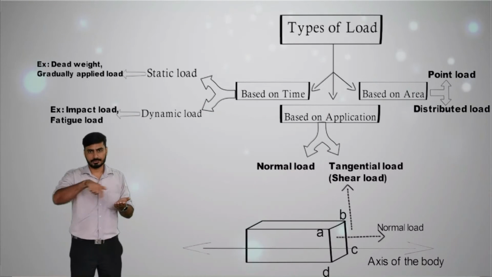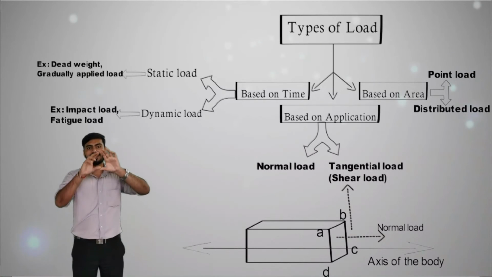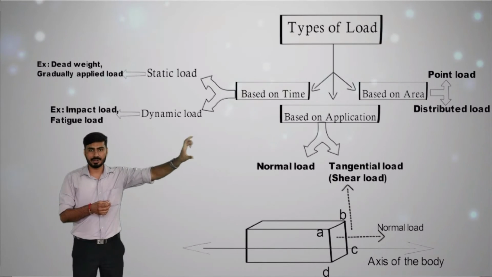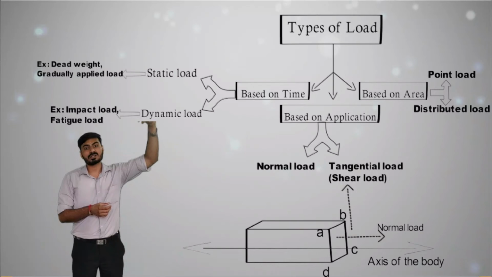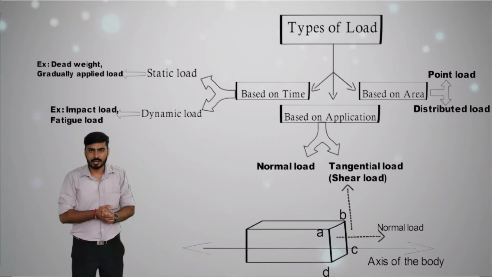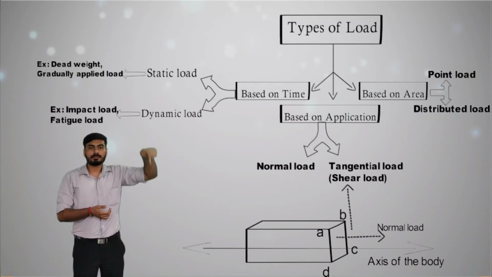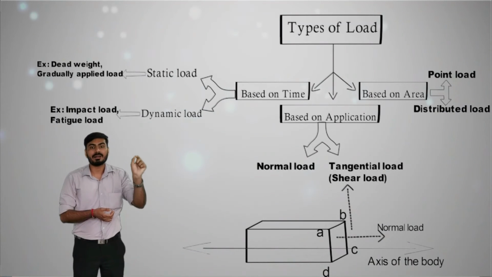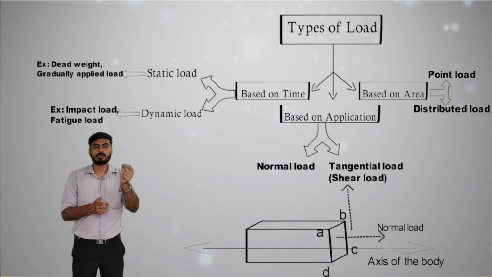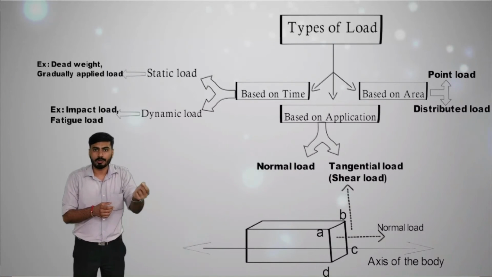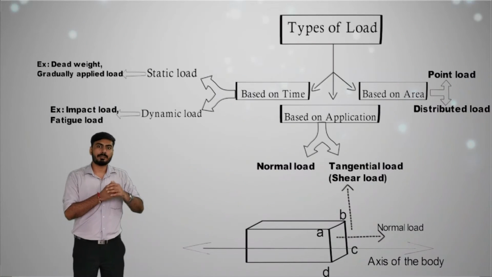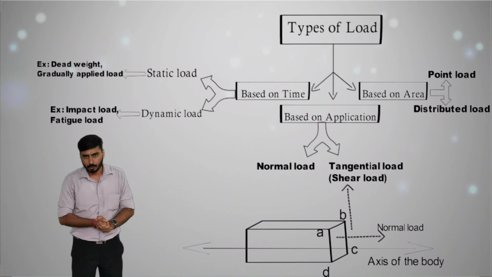If you consider the whole surface, let's say for example, you are taking a beam of any building as an example, and there is a person standing over the beam. So the weight of the person is applied at a particular point on the entire length of the beam, and that's why that particular load, or the weight load of that person, is known as a point load. This is the basic example of the point load.